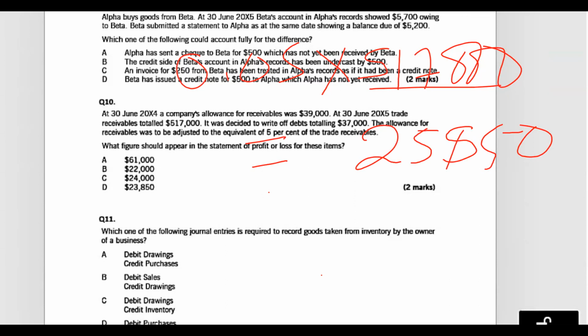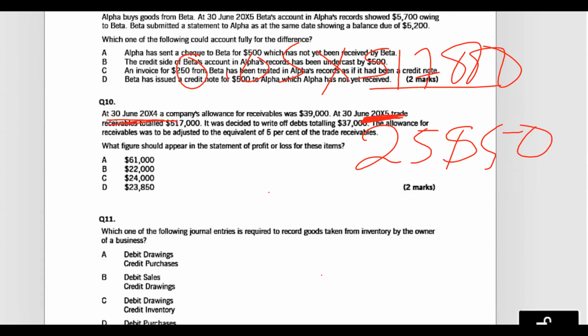Remember, I want you to pay attention to the dates. The dates should matter to you. This is 2014. This is 2015. First of all, which period do we get this allowance for receivables from?